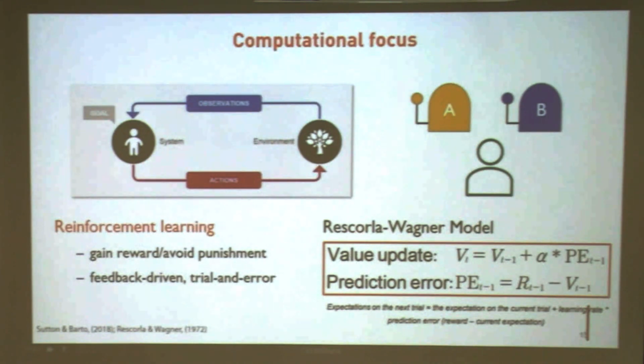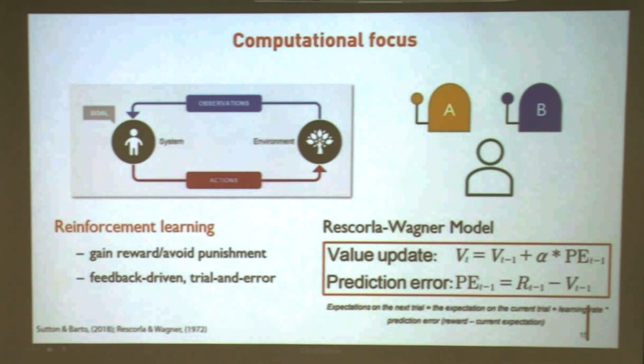Say you choose this one. Because you didn't expect anything by choosing this in the very beginning. You don't know what is there, right? You choose one, and then if, let's say, you get a reward, what do you think? You think maybe choosing this one is better, right? Because you didn't expect anything, but the reality tells you that this is better. So you want to increase what you think the value of this option is slightly towards the outcome.